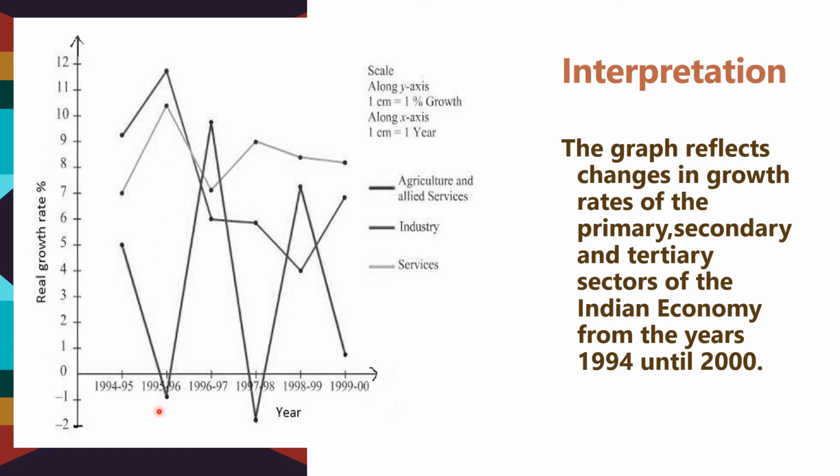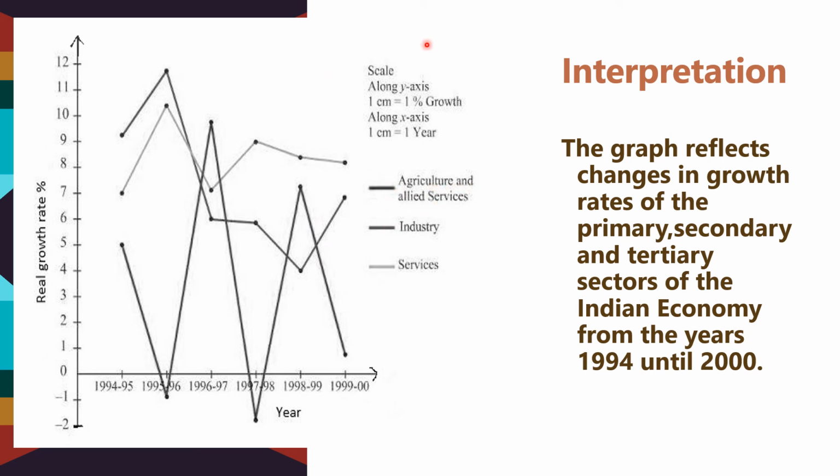Whereas we can see that there has been a drop in the growth rates, even negative growth rates of agriculture and allied services in 1995-96 and 1997. But there has shown a pickup in the growth rates and then a fall. So there has been an erratic behavior of growth rates of agriculture and allied services.